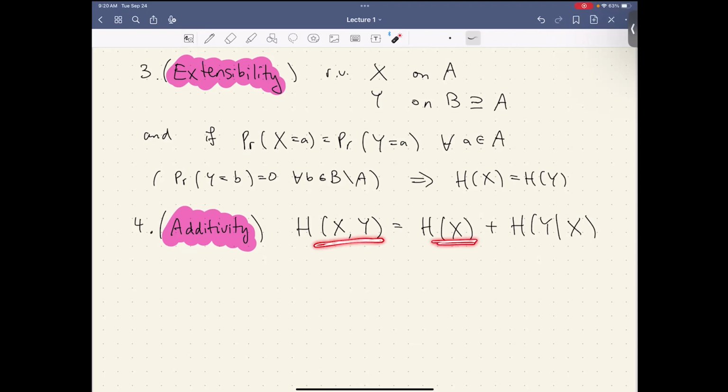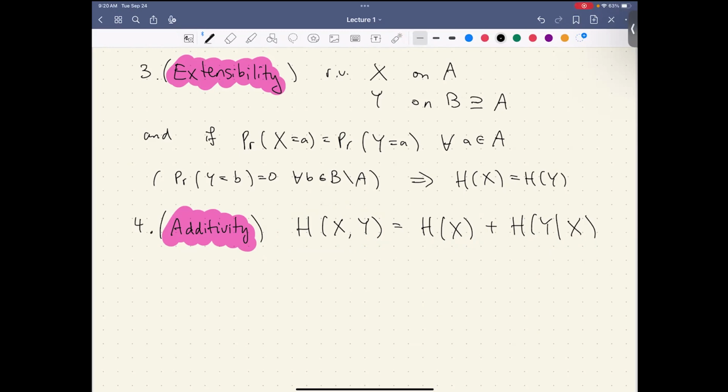This is the information that X alone gives you. Now, we already know X. We ask, what's the additional amount of information that Y gives us? Together, that's the joint information X and Y offers.